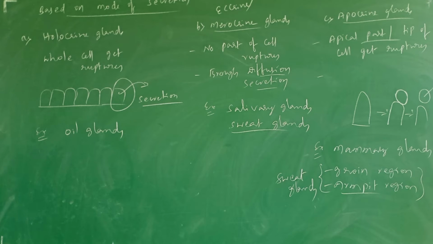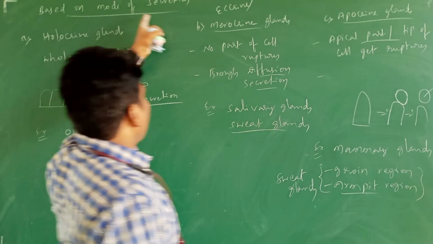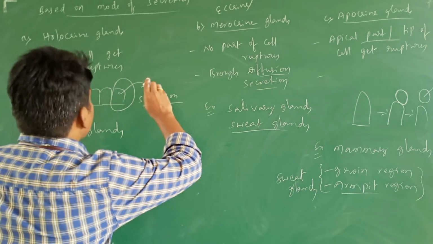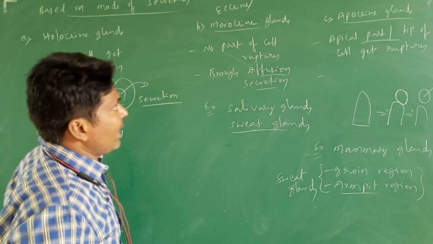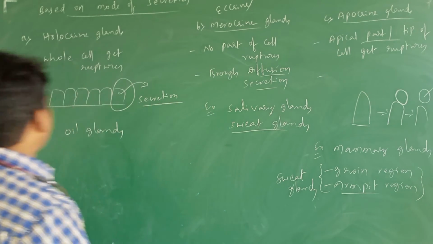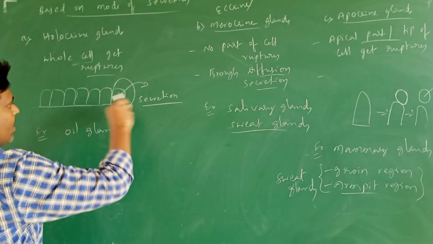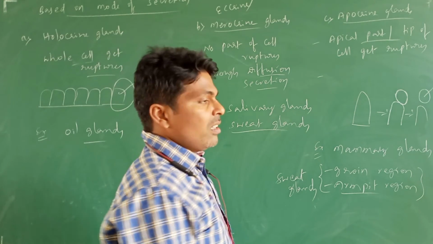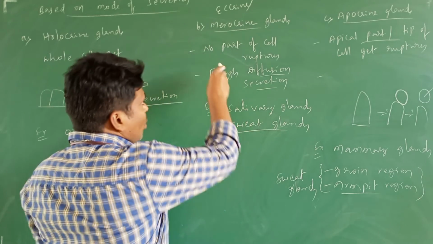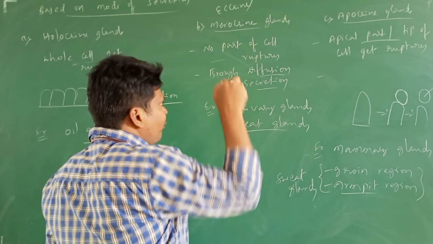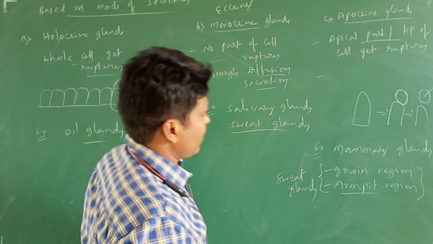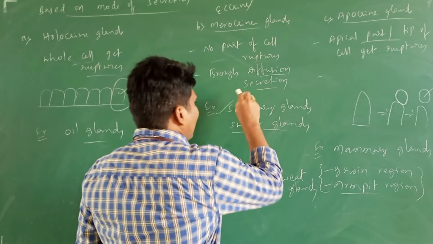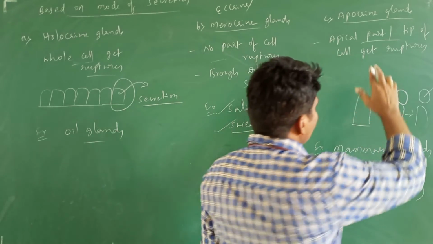Don't get confused. Based on the mode of secretion, that is, the manner in which they secrete: holocrine, merocrine, apocrine. Holocrine: the entire cell ruptures and secretion takes place, for example oil glands. Merocrine, or eccrine, or epicrine: no part of the cell ruptures, and secretion takes place through diffusion, for example salivary glands and sweat glands.